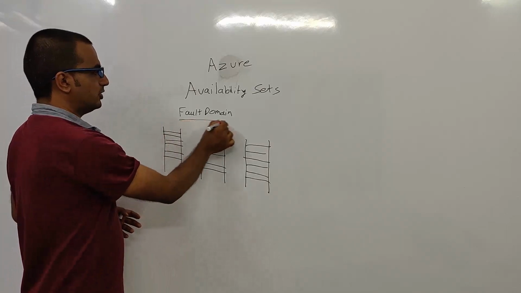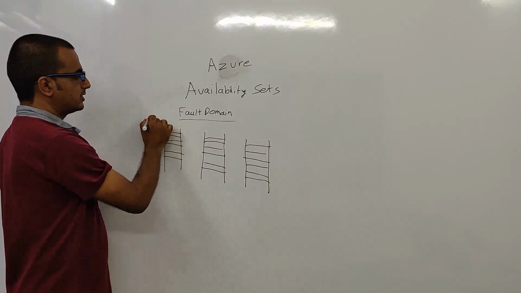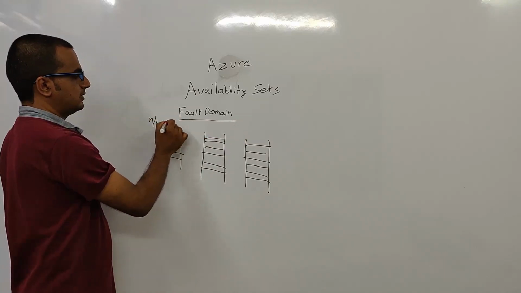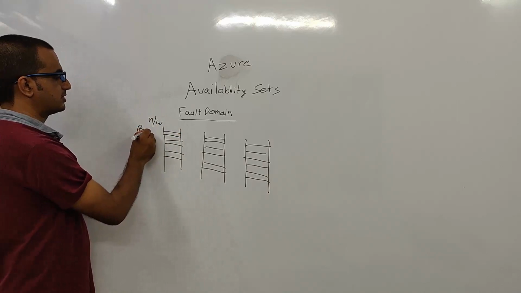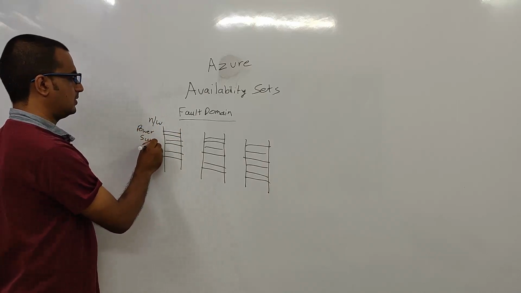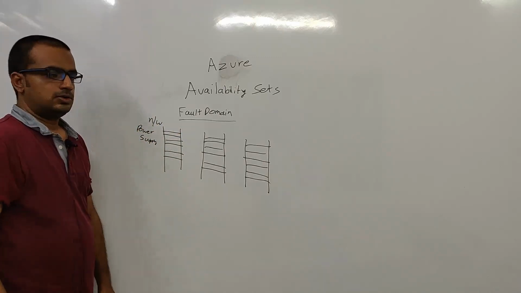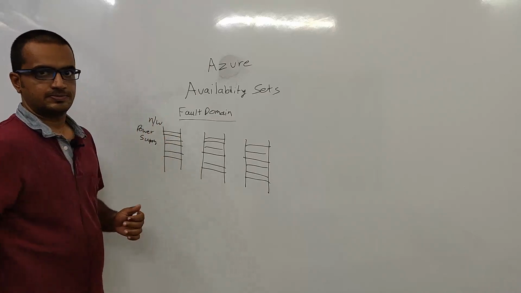So when we come to fault domain, each rack shares its own network and a power supply. So these two are common for a rack.